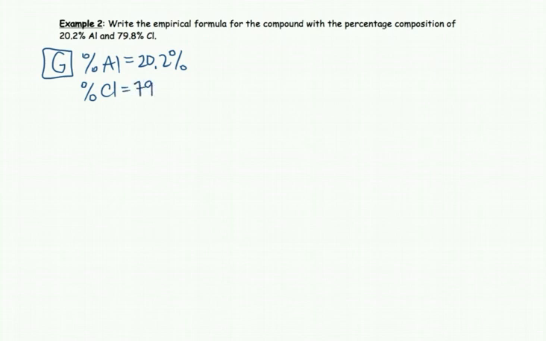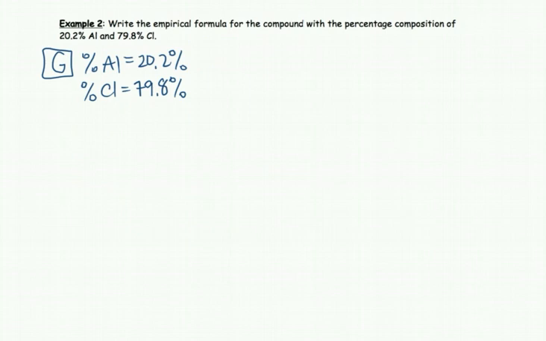For the next one here, write the empirical formula for a compound with the following percentage compositions. So we are given the percent composition of aluminum is 20.2%, and the percent composition of chlorine is 79.8%.